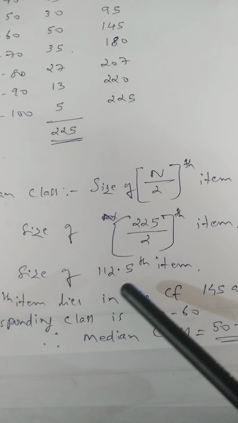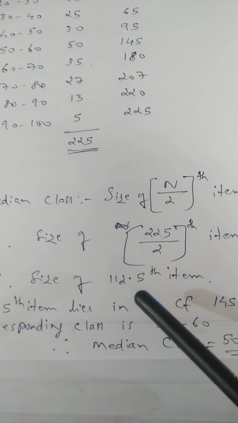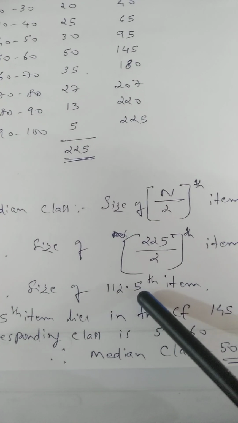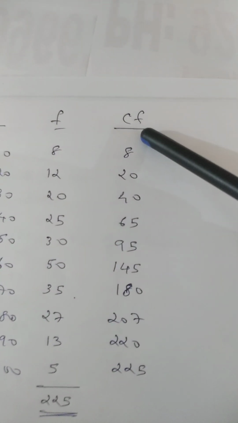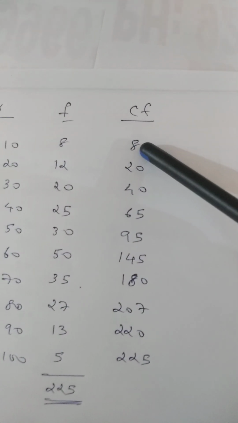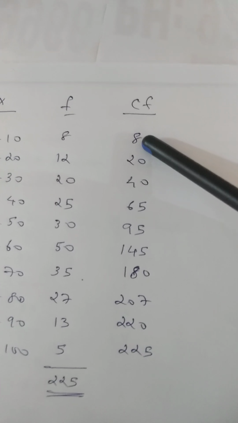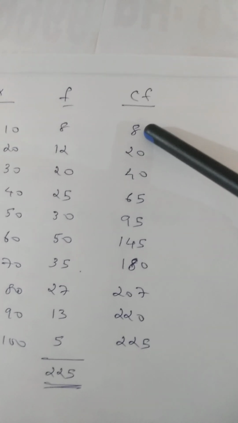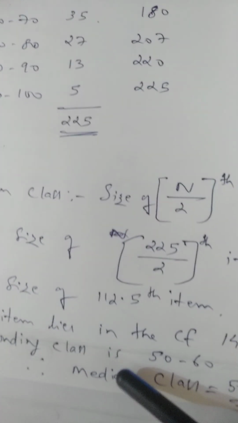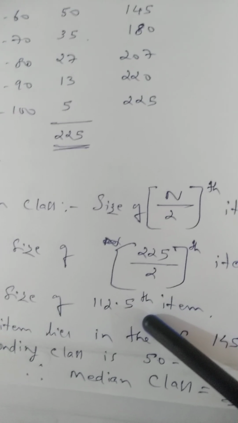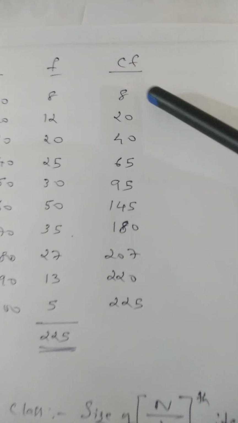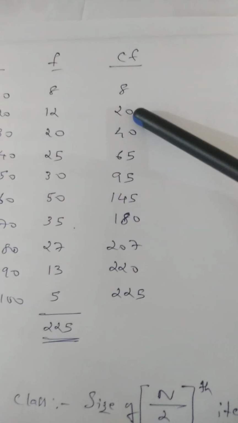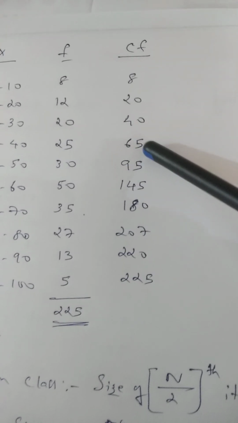We have to check which cumulative frequency covers this 112.5th item. Come to this cumulative frequency column. 8 cannot cover 112.5th item because it is smaller than 112.5. Then come to next 20, 40, 65, 95.